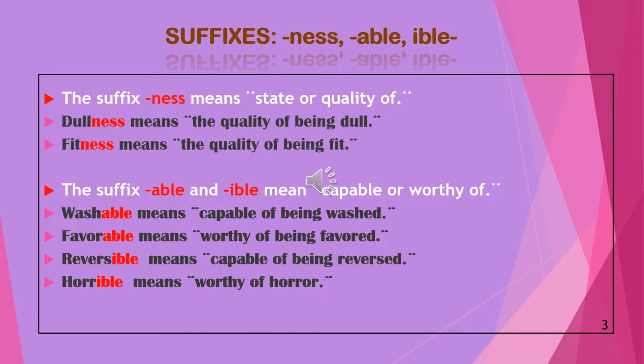Now, if we don't have any more questions, I'm going to move to page number 4. And remember, on the next page we have different suffixes, because it's important that you learn all of the suffixes that we have here and that you keep them in your mind.